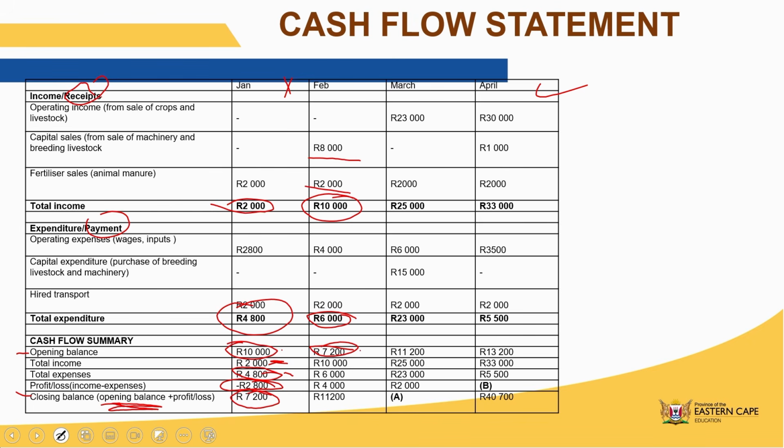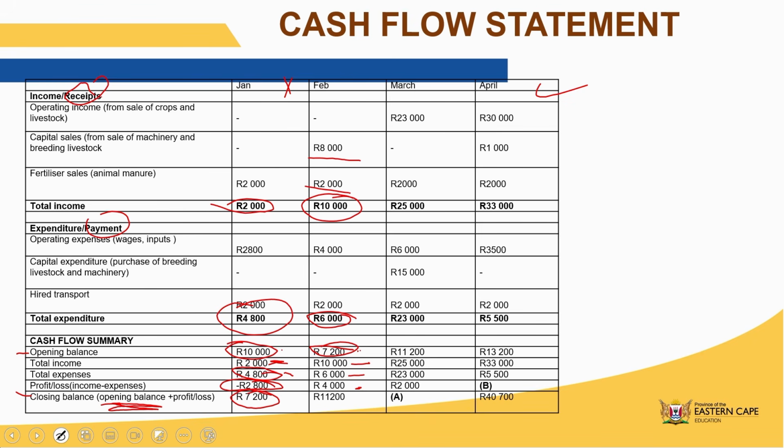Right, let's go to the profit or loss. 10,000 rand total income, 6,000 rand total expenses. Then 10,000 rand minus 6,000 is 4,000. So there's a profit in February. Then let's calculate the closing balance again. Our opening balance for February is 7,200 rand.